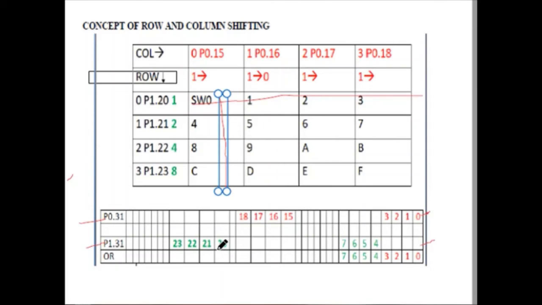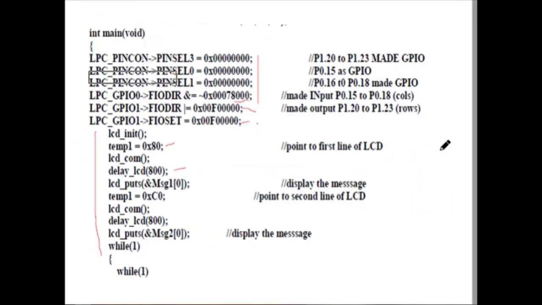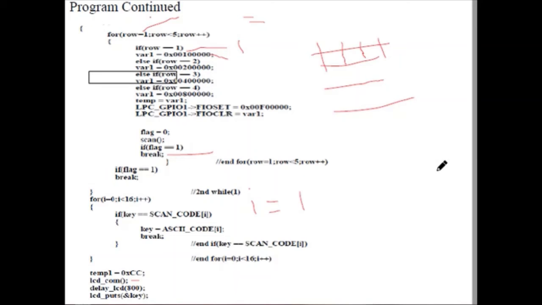Similarly, the row values will be shifted 16 times. So from here to here the shift turns out to be 16, and here to here it is 15, and these values will be ORed. Once you perform the OR operation, you will get the complete ASCII character. That is what we are doing in the program also.